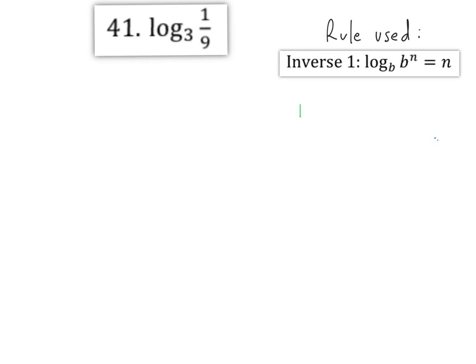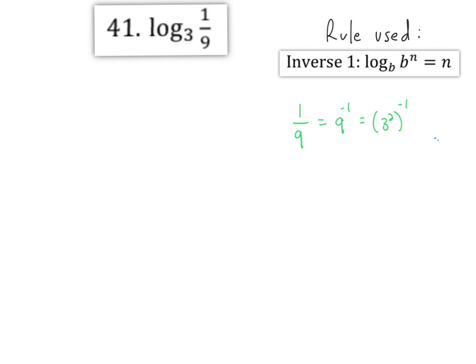We'll see that 1/9 is the same as 9 to the negative 1. In general, 1 over x is the same as x to the negative 1. So 1 over 9 is the same as 9 to the negative 1. Okay. So 9 to the negative 1 is the same thing as 3 squared to the negative 1, since 9 is 3 squared.